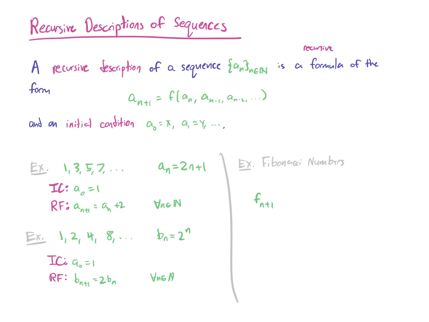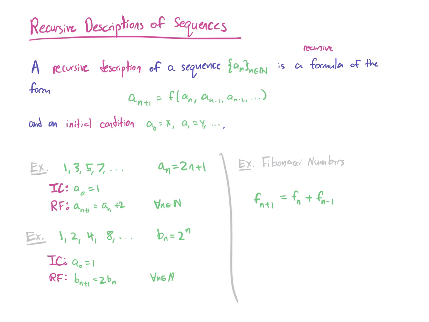So the n plus 1 Fibonacci number is the sum of the 2 previous Fibonacci numbers. So this time I need to incorporate 2 elements of my sequence in computing the value of the next element. Because of this, I need 2 initial conditions.